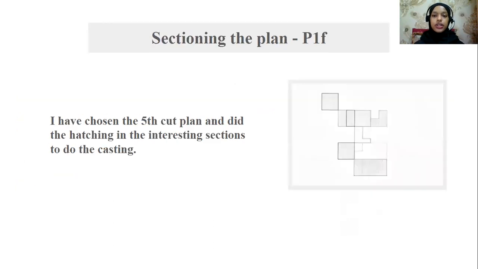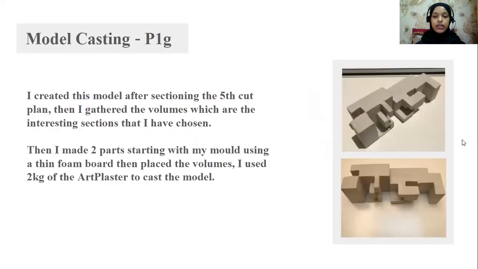Then going to the sectioning of the plan or project 1F, I have chosen the 5th cut plan and did the hatching in the interesting sections to do the casting. The interesting sections are these, and I chose these because I thought when I cast the model, it would give me a good shade and something like that.